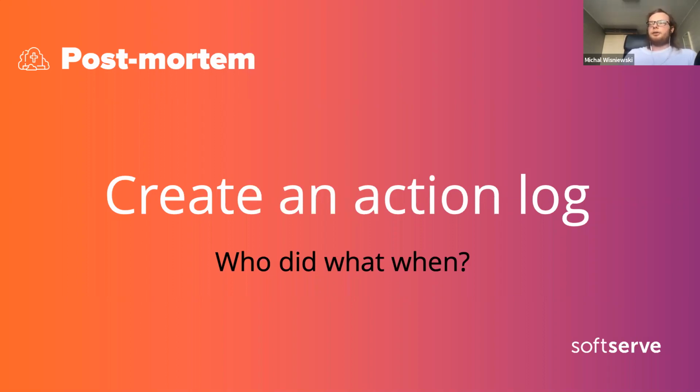And at the end of this action log, there should be an event, a point in time, called mitigation. It tells you that the fix is on production. There was a security audit connected, and as a result, you know that your application is no longer vulnerable to that.